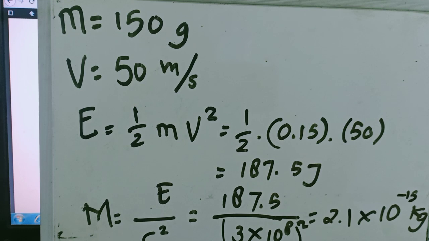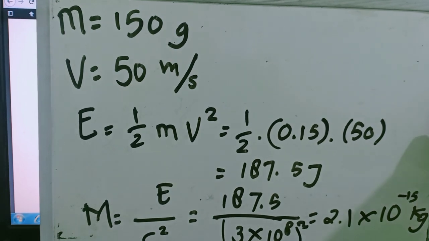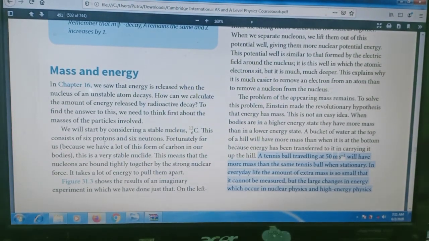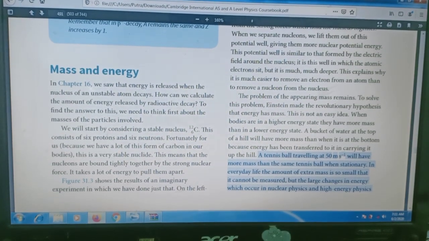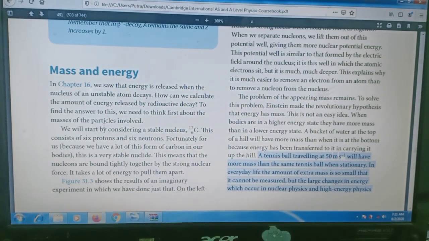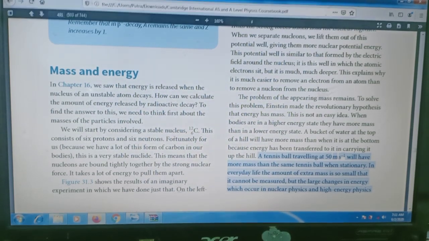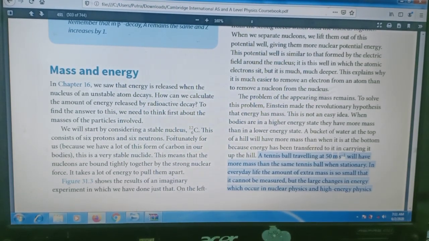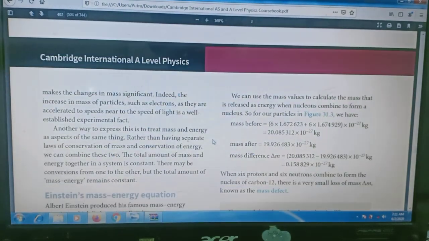That is why in mechanical physics we do not use this law, because the amount of the change between the mass and energy is very small. But if we consider very small particles, then this change from mass into energy, from energy into mass, is significant. Okay, it is significant, then we need to calculate it.